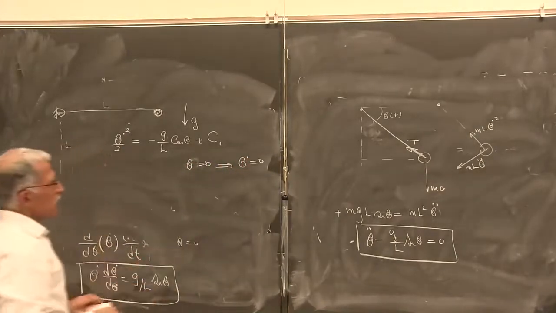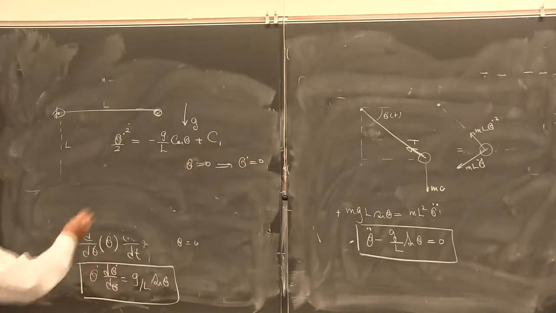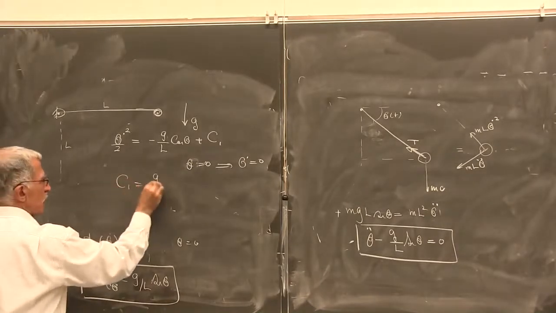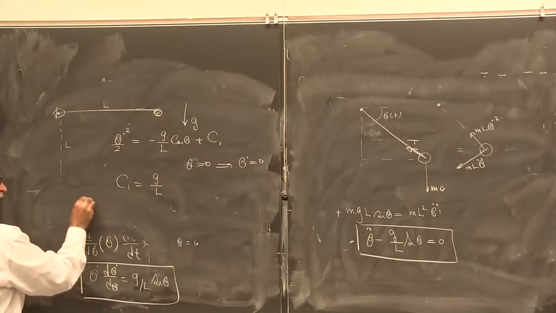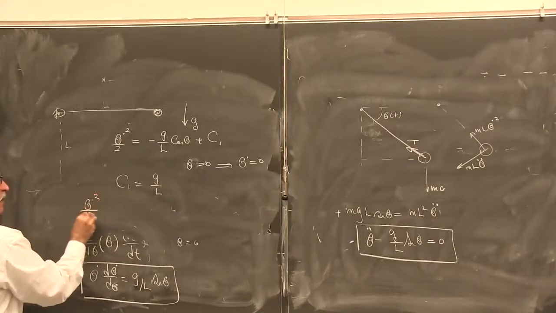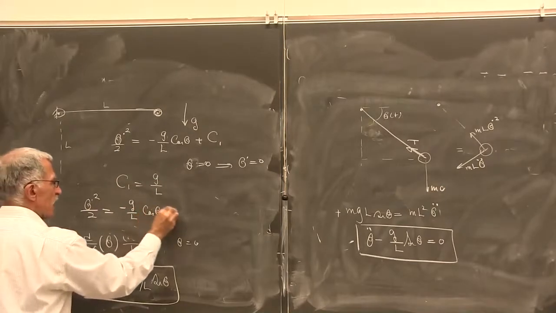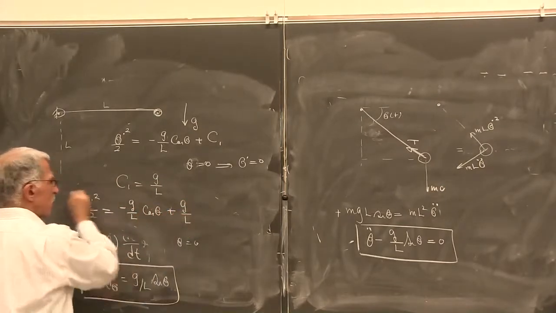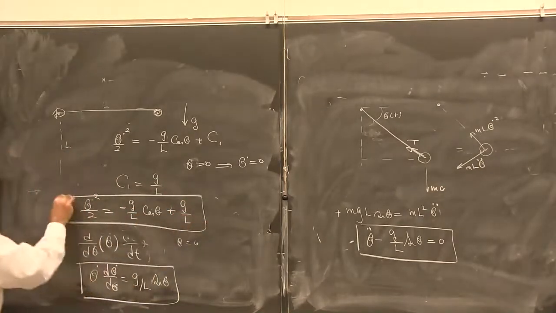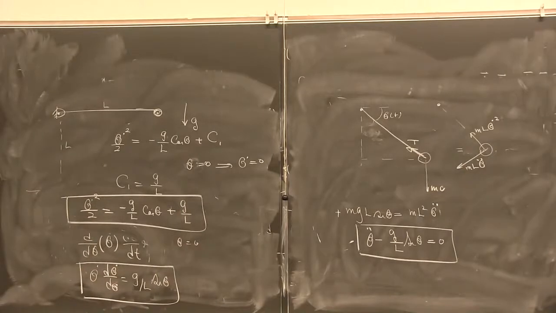So you can solve this differential equation, and C1 becomes equal to g over L. So your angular velocity at any time becomes minus g over L cosine theta plus g over L. That's the angular velocity at any time, how it is evolving.